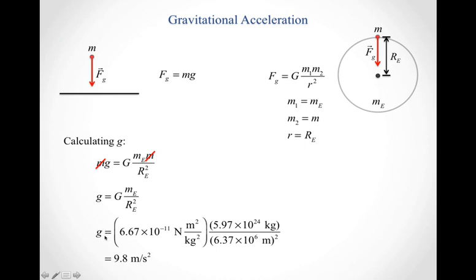So the value of the magnitude of the gravitational acceleration that we've used all semester long really comes from thinking about how the gravitational force near the surface of the Earth is related to the gravitational force that we would calculate using the universal law of gravitation. What this gives us is a way to calculate the local gravitational acceleration at any point you want.